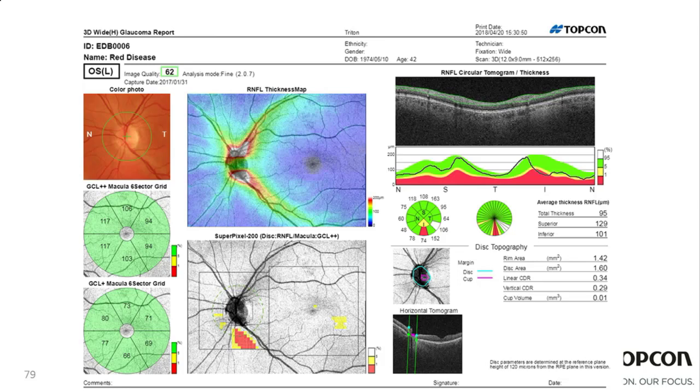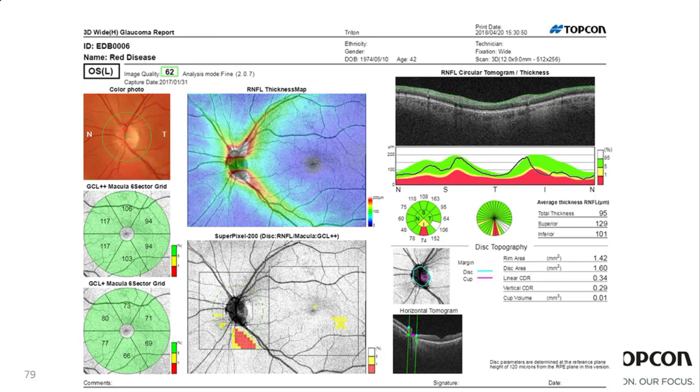Here we see an interesting problem. This is my eye. Do I have glaucoma? And is it possible to judge if I have glaucoma using this image? So here I've got a thinning, right? So you can see in the inferior quadrant I've got a thinning. Here in the probabilistic map I've got a thinning.